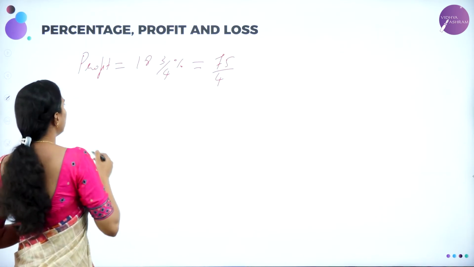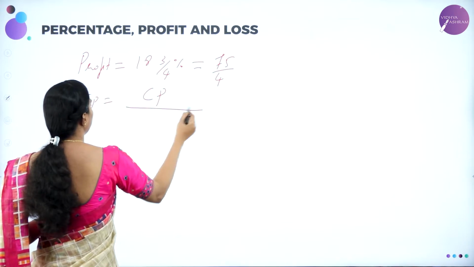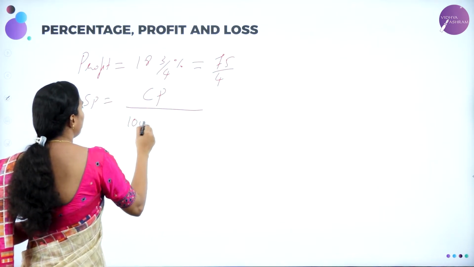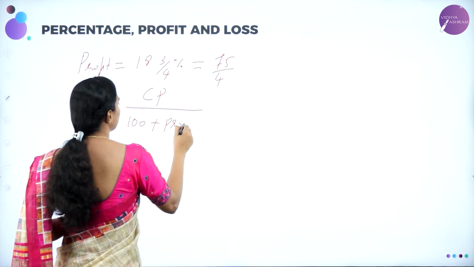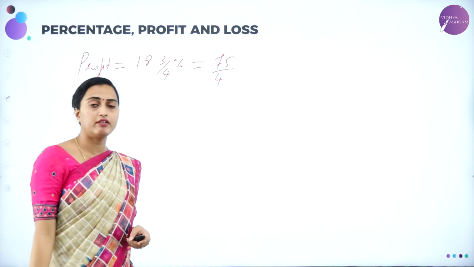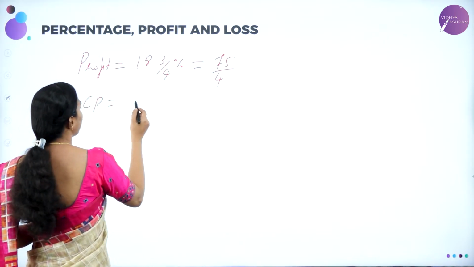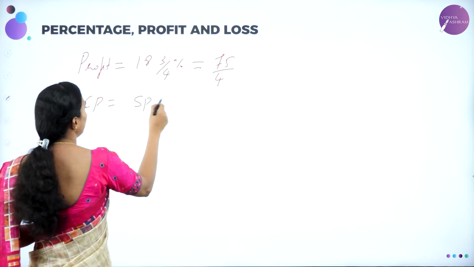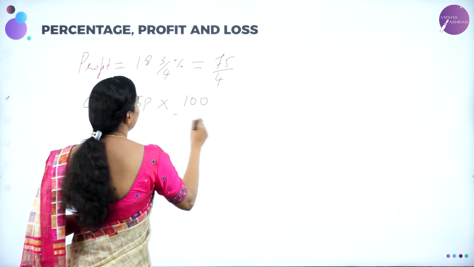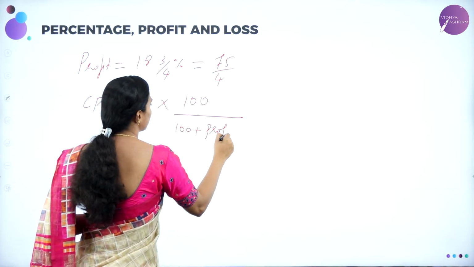Now the formula is given by SP equals CP divided by 100 plus profit percentage, right? Now what have they asked? They have asked to calculate CP. Therefore the CP formula is SP into 100 divided by 100 plus profit percentage.